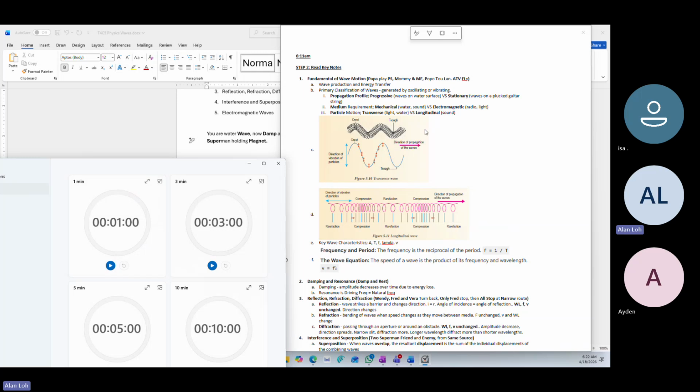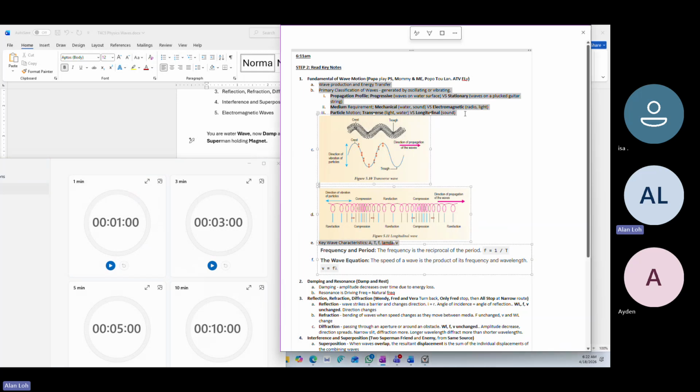All right. When you read this, I think most of the students will be worried that, oh, I need to memorize this. There's profile, then there's progressive versus stationary. I need to know what this is. Then I need to know there's mechanical and electromagnetic. Even the terms may be new to you, especially transverse and longitudinal, right? Don't worry about that.